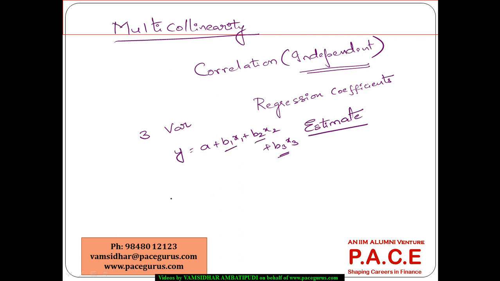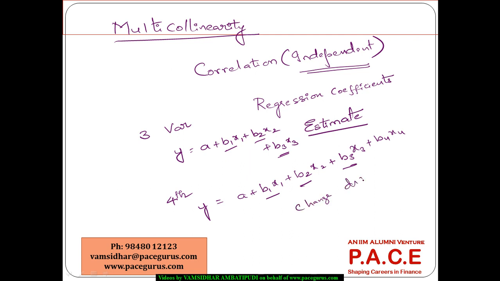Now suddenly I add a fourth variable to the data. What could very well happen is, with b1x1 plus b2x2 plus b3x3 plus b4x4, whatever we are bringing in, there could be a possibility that b1, b2, b3 change drastically just with the addition of b4.